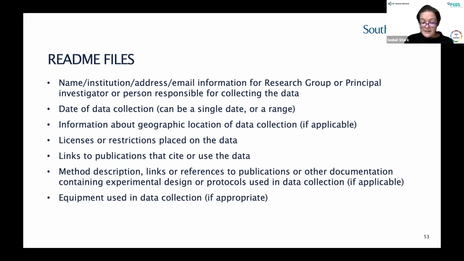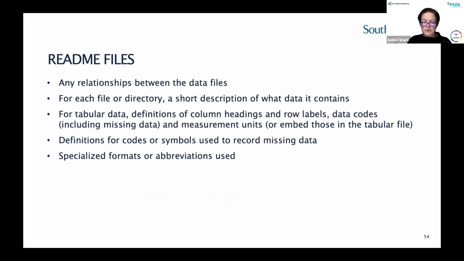Any licenses on the data, any publications linked to the data, what was your methodology? What instrumentation did you use? What were the settings for that instrumentation? How did files relate to one another within the data set? A little bit of information about what's in each file, any abbreviations used, what the column headings mean in tabular data, and so on.